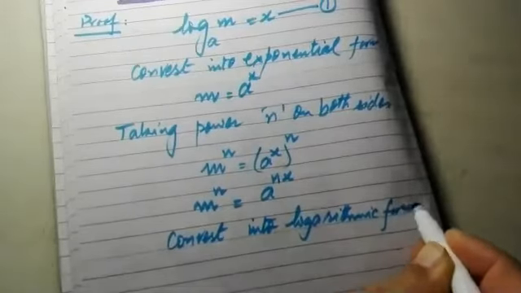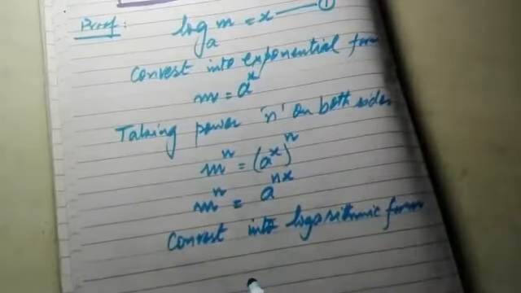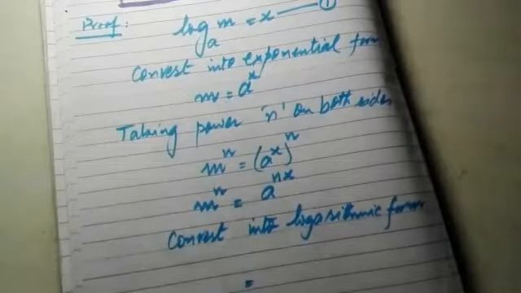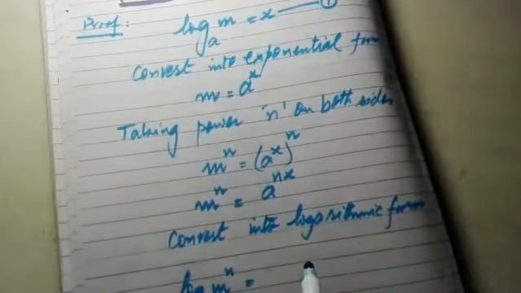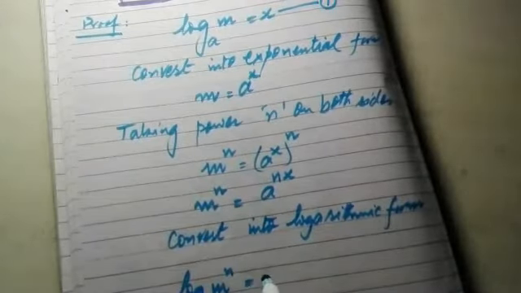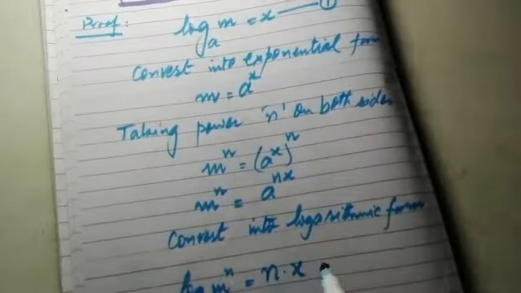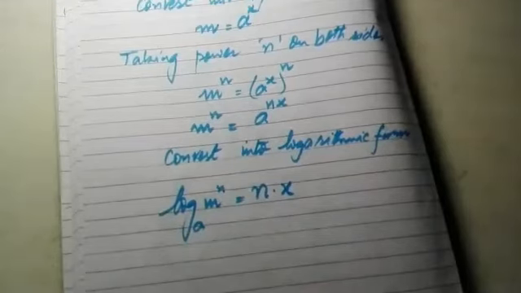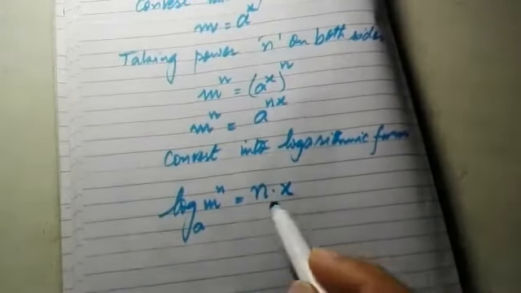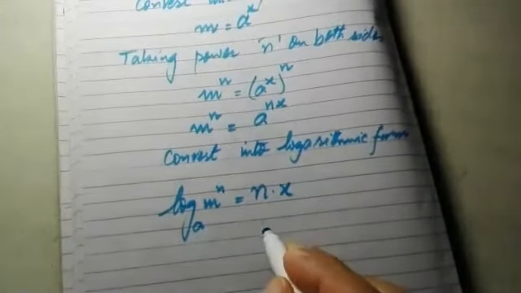So the logarithmic form will be written as log m raised to power n to the base a equals n times x. So n times x will be written like this.